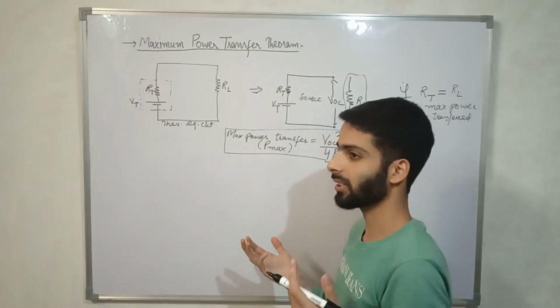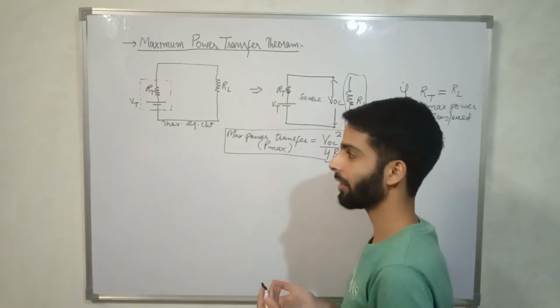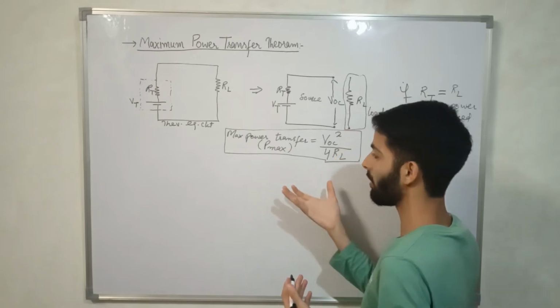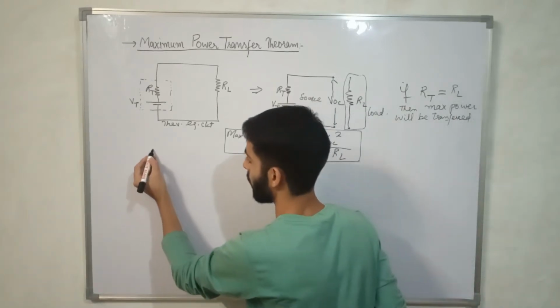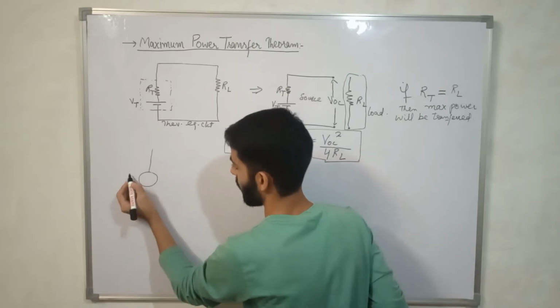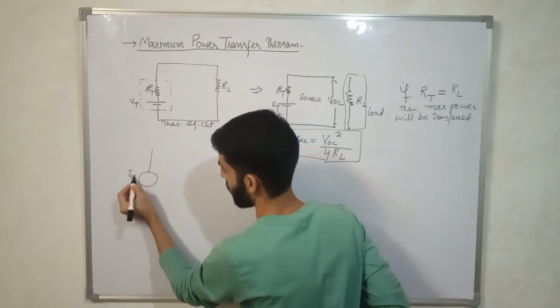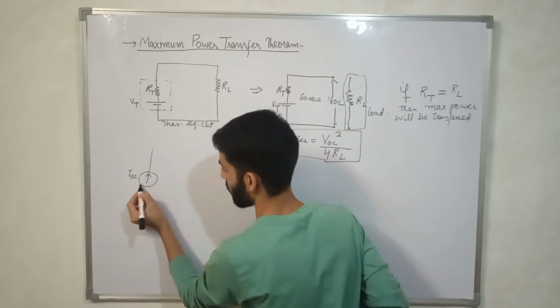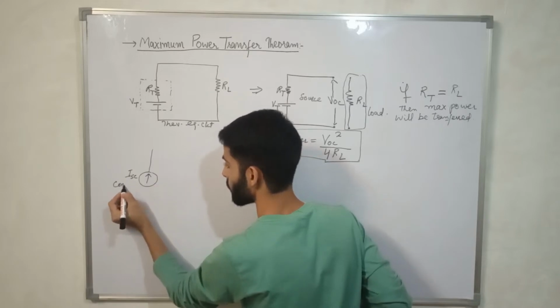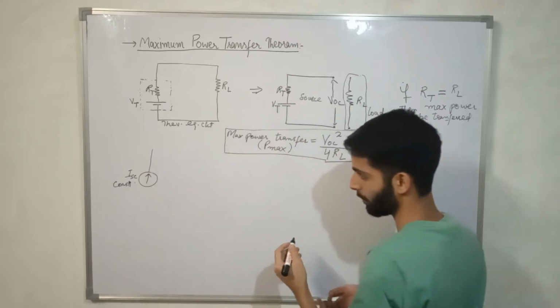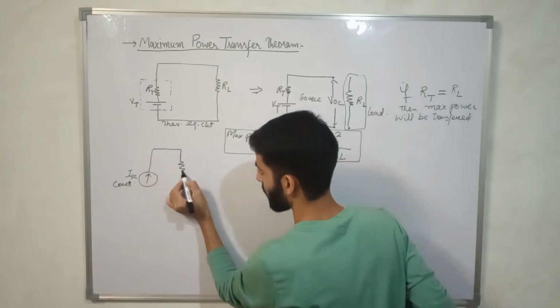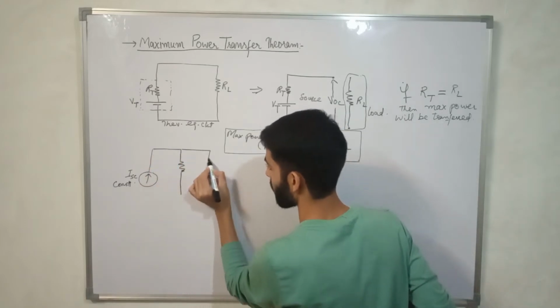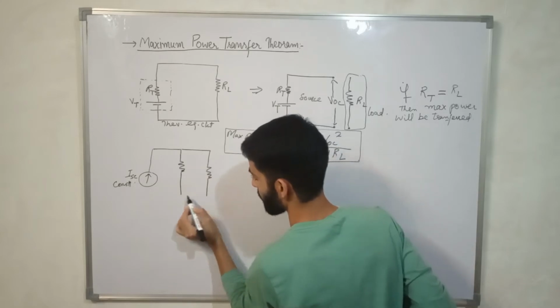And if there is a Norton equivalent circuit, we have been asked to find the maximum power transfer with respect to the Norton circuit, which is like this. For example, this is a constant current source, as we did yesterday. This is Norton's resistance and this is load resistance.